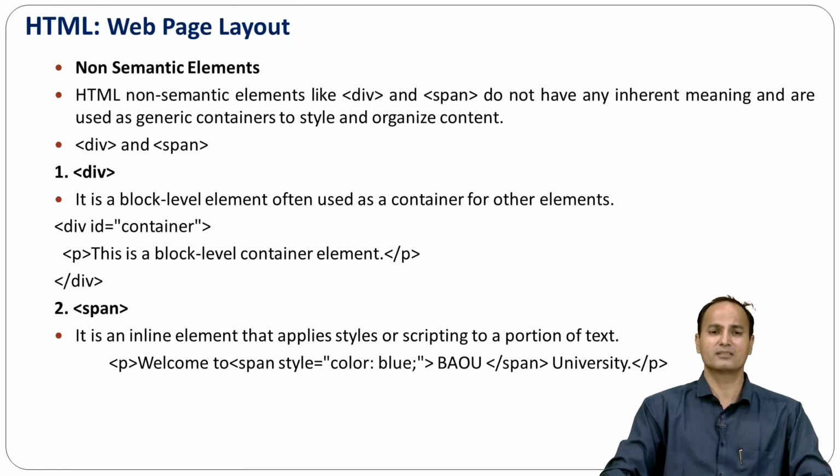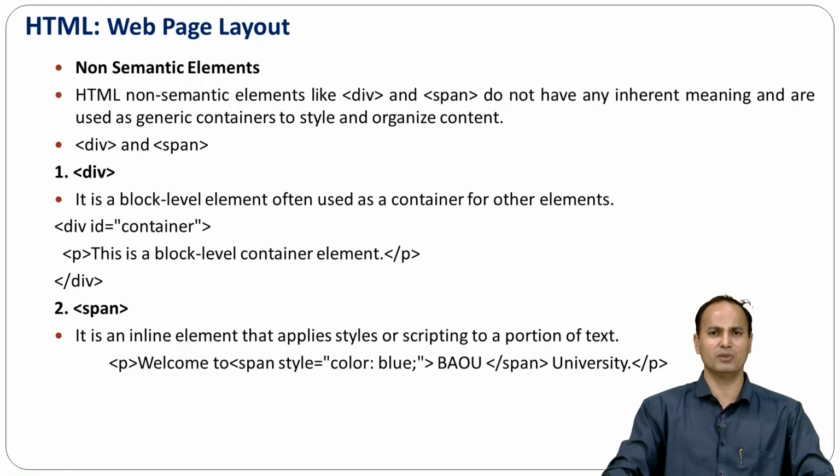Let's have a look at the next statement. We have used a paragraph, then we are writing welcome to, and then we have used a span tag to highlight the next content, that is we are providing a styling attribute of color blue to the next content, BAOU, and then we are closing the span tag, and the next content is university.